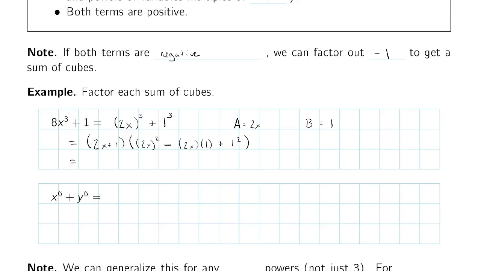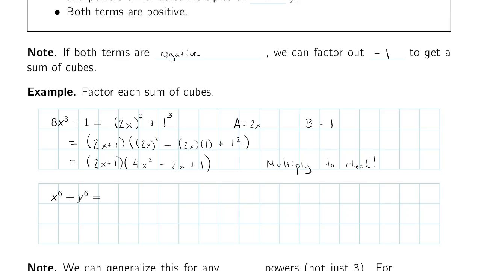And then simplifying the second term, 2x plus 1 times 4x squared minus 2x plus 1. It can be challenging to keep track of where the negative sign is in the sum of cubes. If you're unsure, you can multiply out to check.